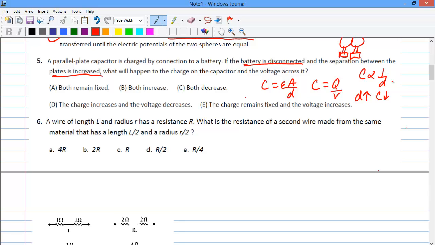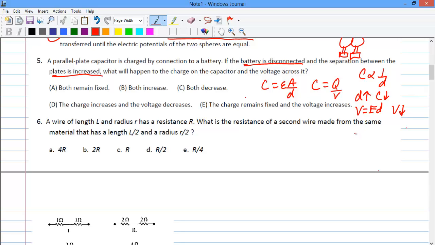So the distance increases, the capacitance decreases. That means the charge it can hold per potential difference has to decrease. But we also know that V equals ED, and if the distance increases, that means the voltage decreases.